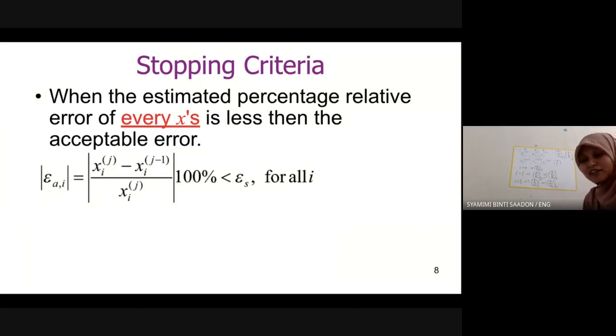Once we find the percentage error, we write it in terms of epsilon. Usually we will set epsilon to be as precise as possible. We will choose epsilon less than 10%, or even better, less than 5%.